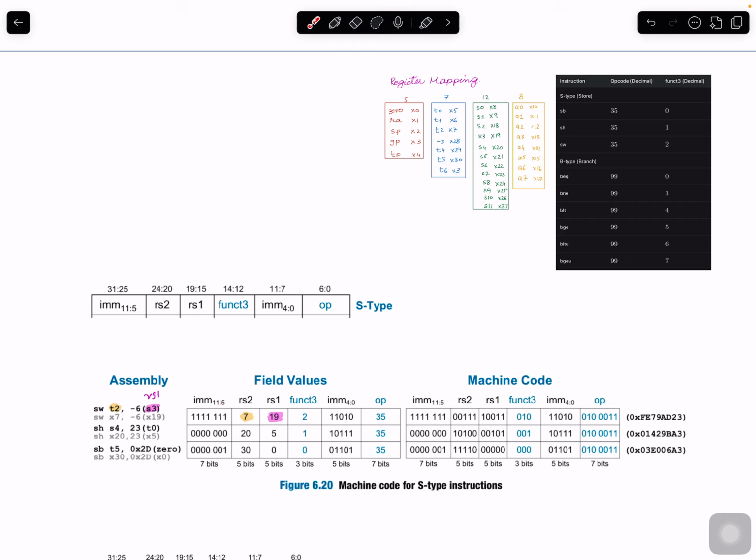Bits 5 till 11: 5, 6, 7, 8, 9, 10, 11. So including 5 and 11, those are 7. So this is 7, and this is 5. Together that makes 12. So not a big deal. And you have seen that instead of keeping bits 0 to 4 here and then 5 to 9, the immediate will be the same.